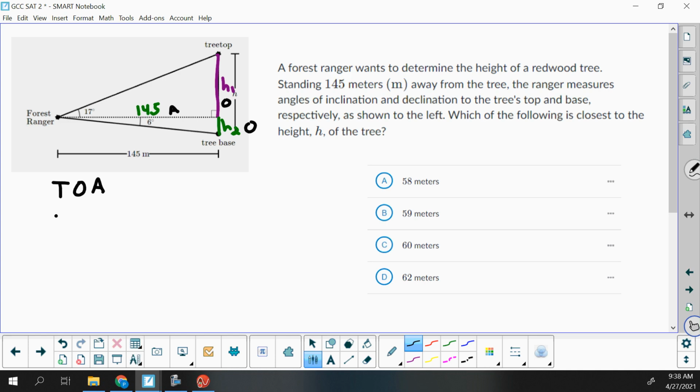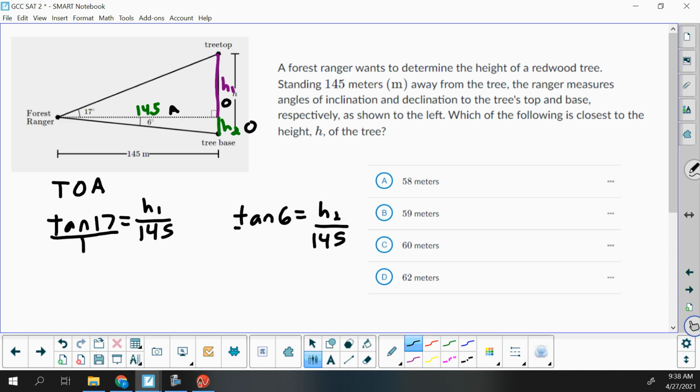So in the top triangle, we're going to have tan of 17 equals our opposite, which is h1, over the adjacent, which is 145. We can do a similar idea in the bottom triangle. We'll have tan of the 6 degrees equals the opposite of h2 over the adjacent of 145.